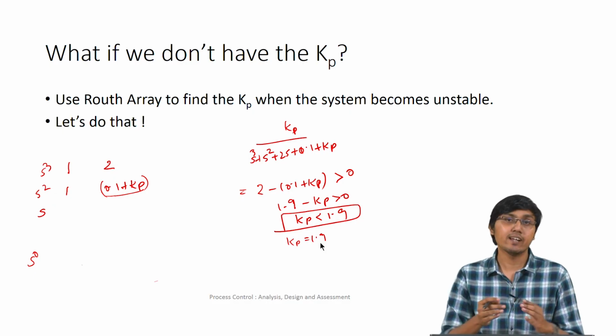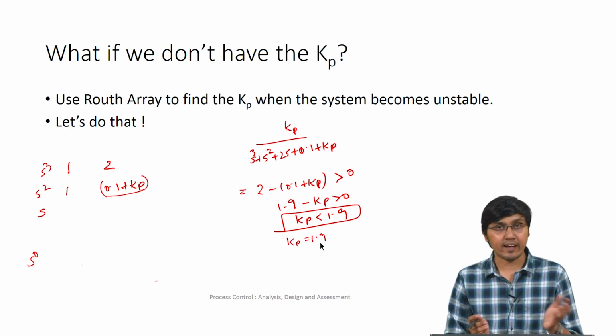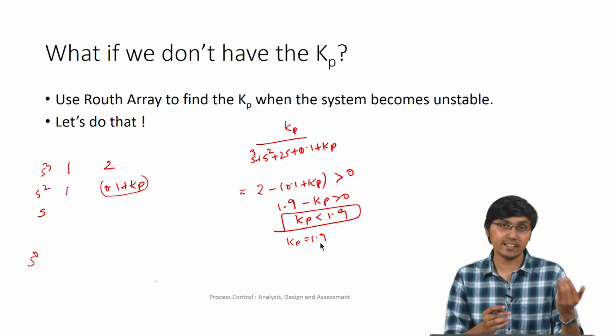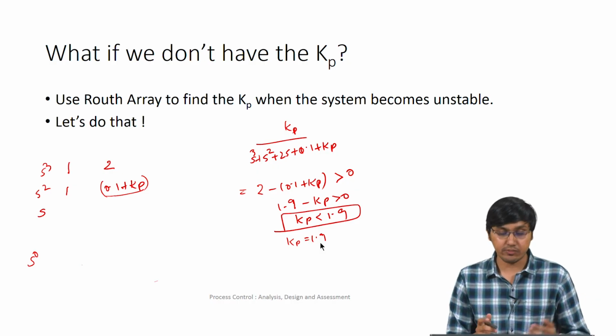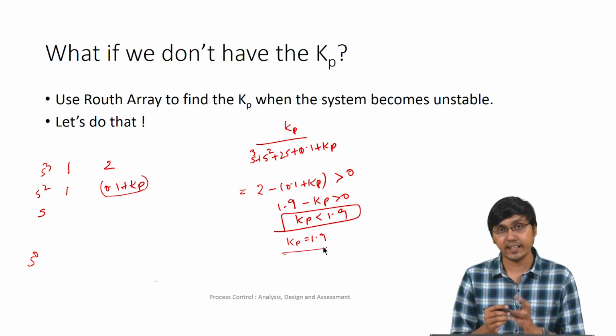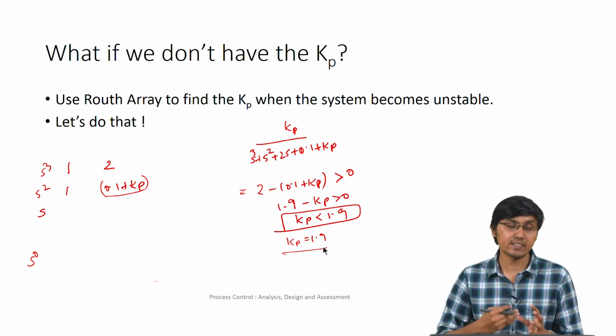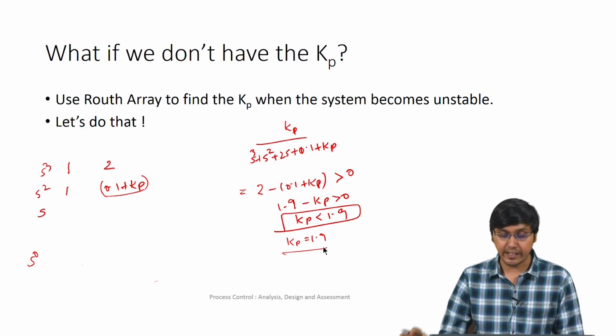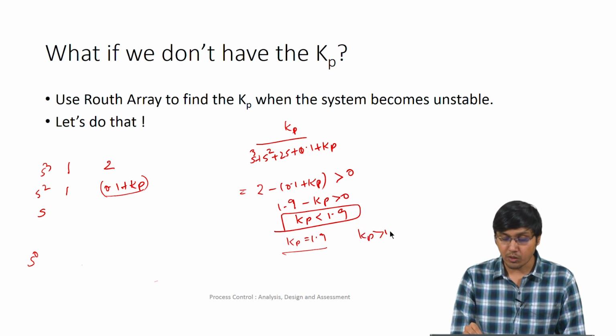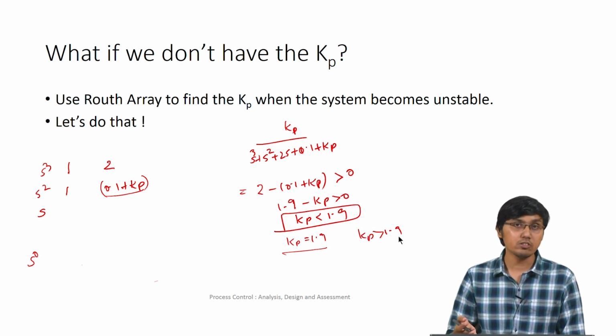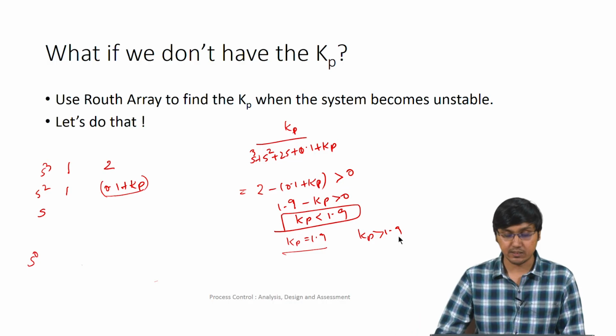That is the point where, as the sir told in his lectures, it's like the tip of the cliff, right. So Kp equal to 1.9 is the gain at which the system transitions from a stable system to an unstable system. So for any Kp greater than 1.9, it is going to be an unstable system.